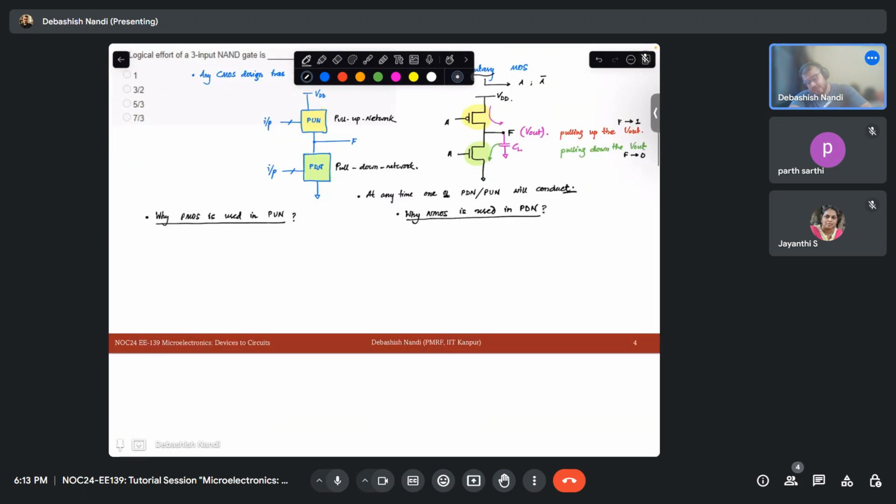So let's say we take two cases. Let's say I have my pull-up network. So pull-up network means what? This node will be connected to CL.